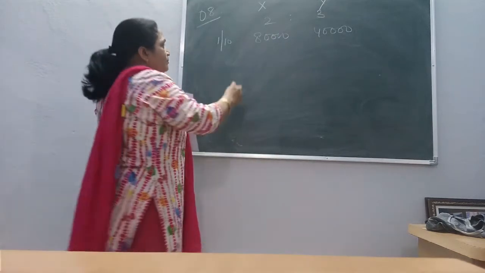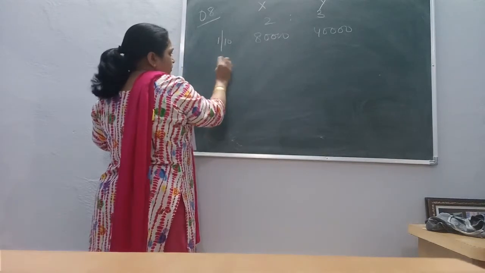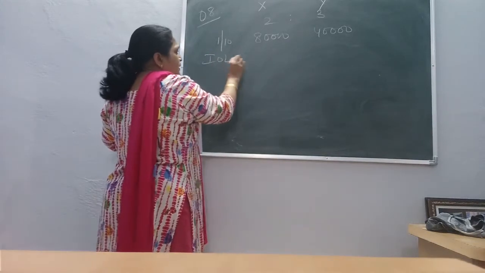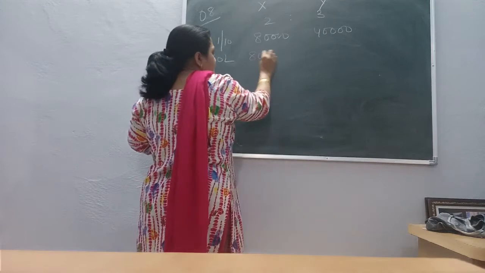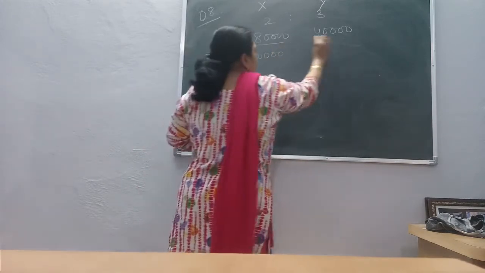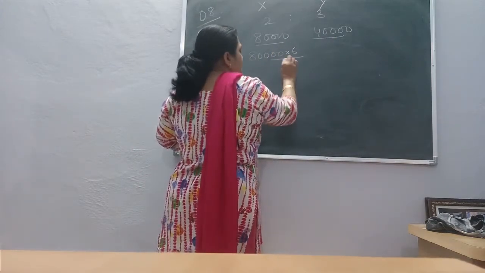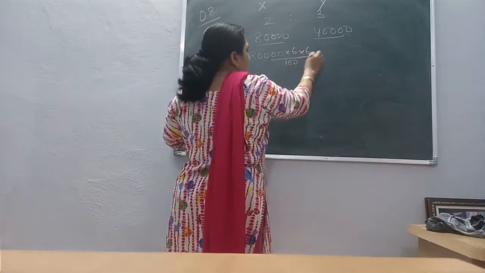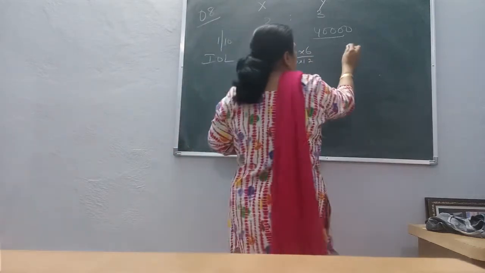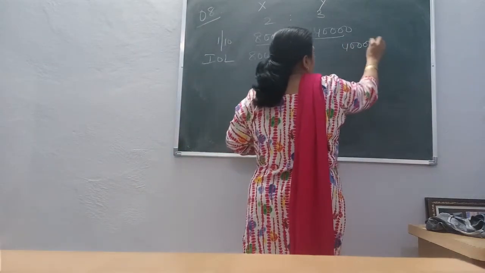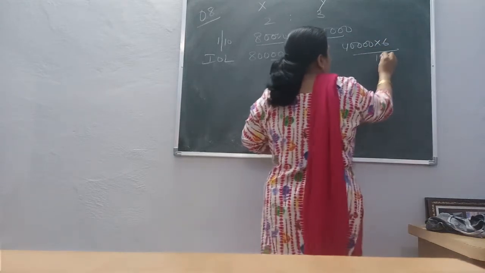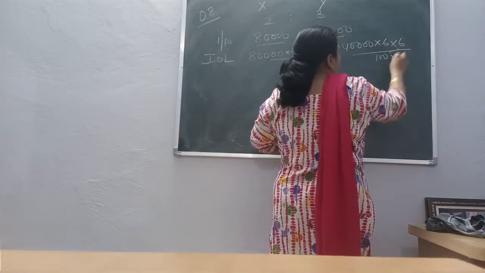Now we all know first what interest will be provided. Interest on loan on 80,000 you will be providing at 6% for 6 months, and for Y you will be providing 6% on 40,000 for 6 months.